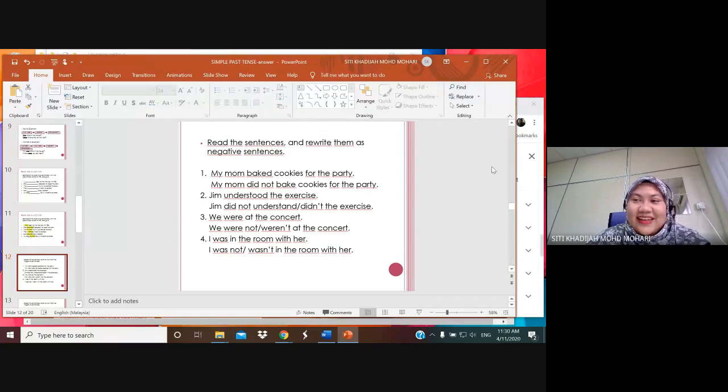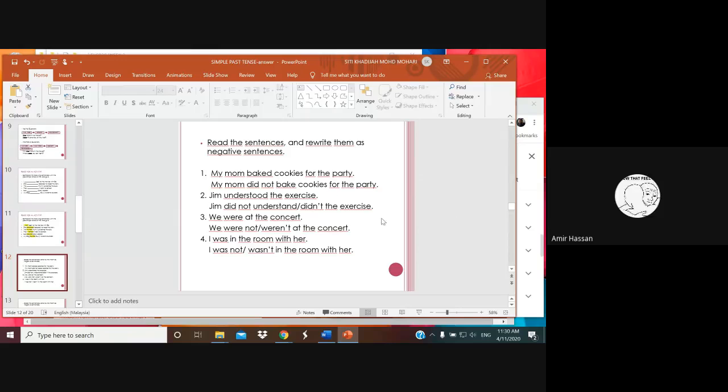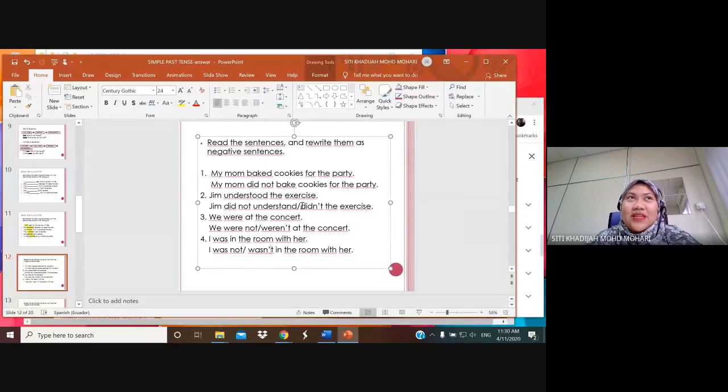Okay. Now, any other questions? Anyone? Madam, can we use the shortened form in essays? Okay, there are many differing opinions on whether you can or cannot. As for me, I would prefer you write the long one, did not instead of didn't, especially in formal settings like your final examination, MUET or IELTS.